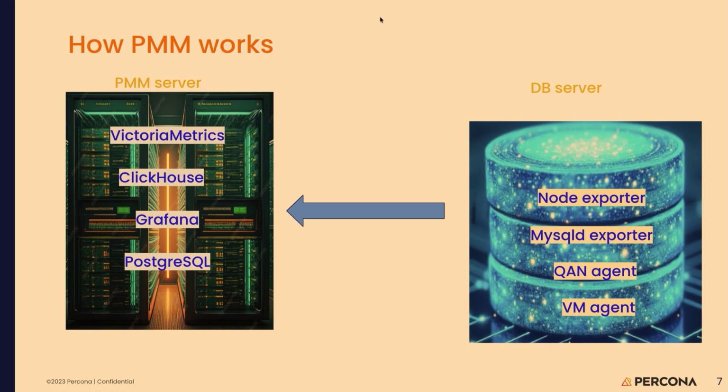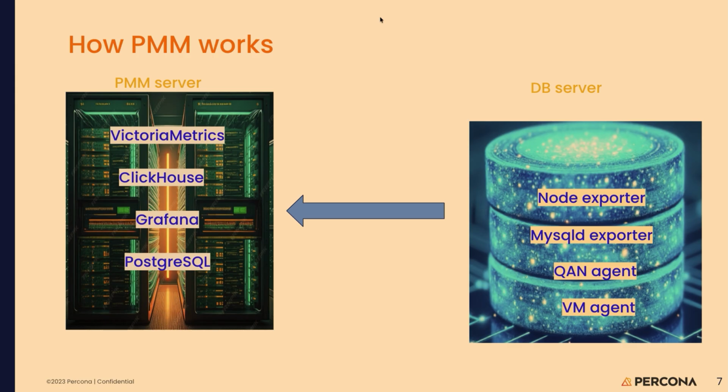On the PMM server, there are 4 databases running: VictoriaMetrics, ClickHouse, Grafana, and PostgreSQL. VictoriaMetrics is a database that stores the time series performance graphs for CPU, memory, traffic, disk, and database counters.